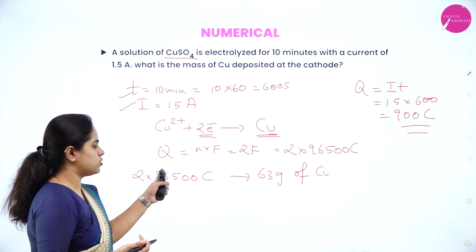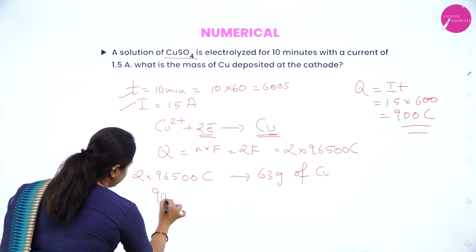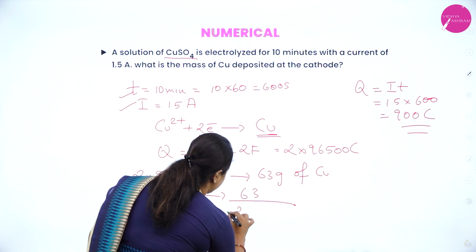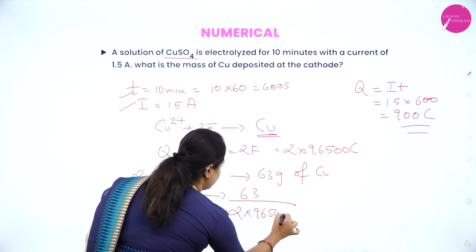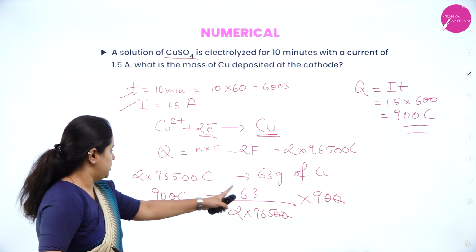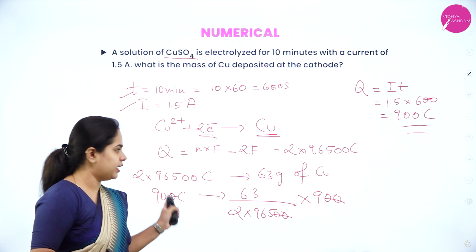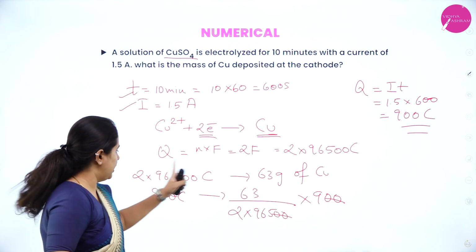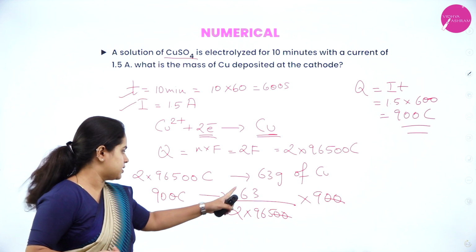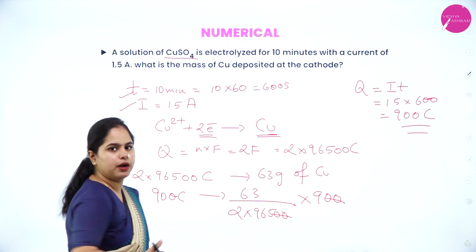So 2 into 96,500 coulombs will give me 63 gram of copper. Then 900 coulombs will give me how much copper? How do I calculate it? 63 divided by 2 into 96,500, multiplied by 900. If 2 farads of electricity gives me 63 gram of copper, then 900 coulombs, which is calculated from the equation, will give 63 divided by 2 into 96,500, multiplied by 900.